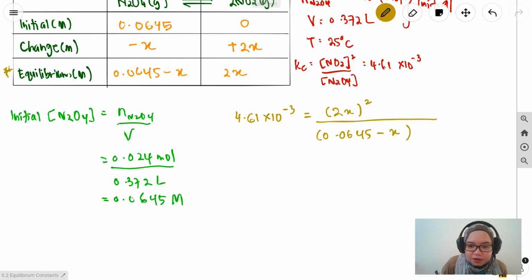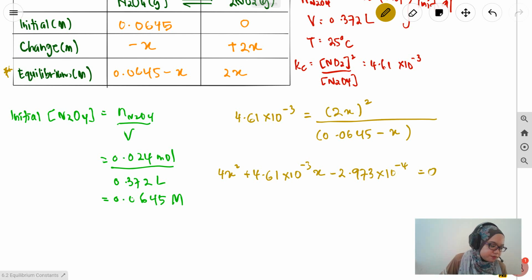Okay, so when you multiply this with this and put this here, you will get 4x squared plus 4.61 times 10 negative 3 x minus 2.9973 times 10 negative 4 equals 0.